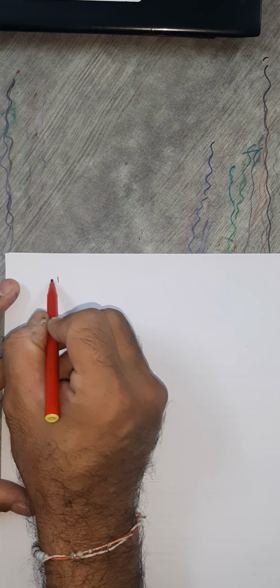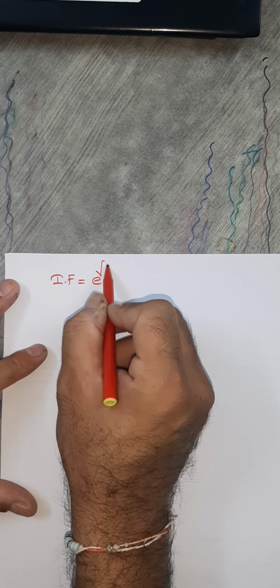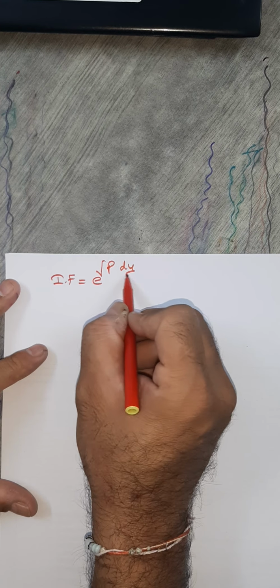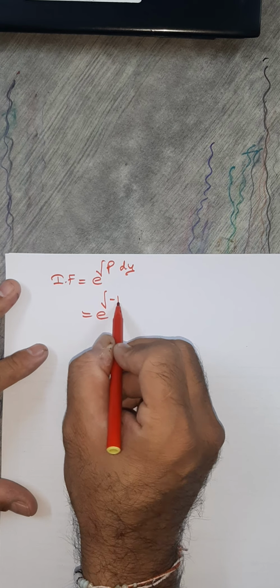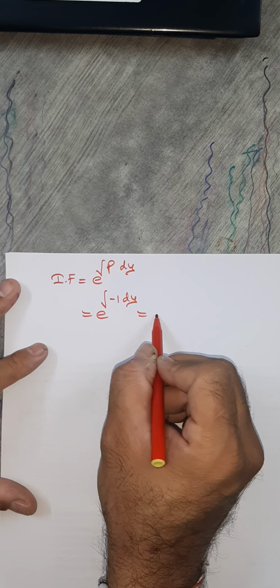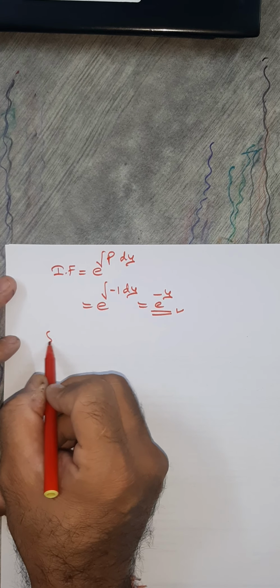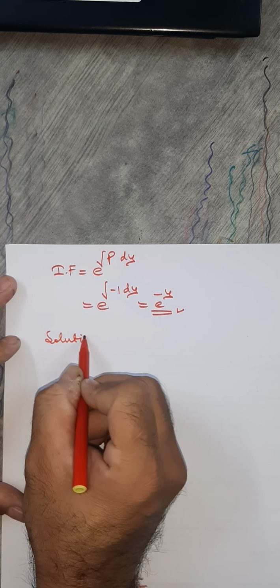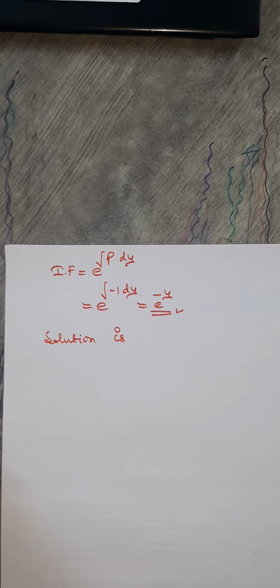So here integrating factor आपको एक ही याद रखना है, e raised to integral of p with respect to x, but here with respect to y, remember. So minus 1 dy, so we'll get e raised to minus y. Fine. Now solution, you keep the standard one in your mind. Solution is given by, what's the formula for solution?